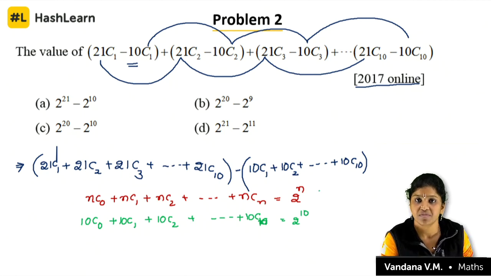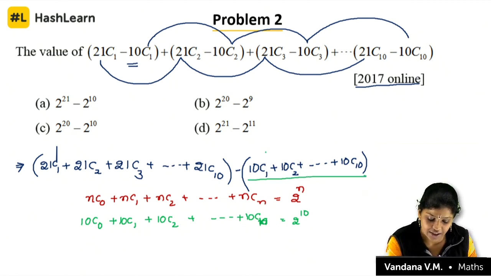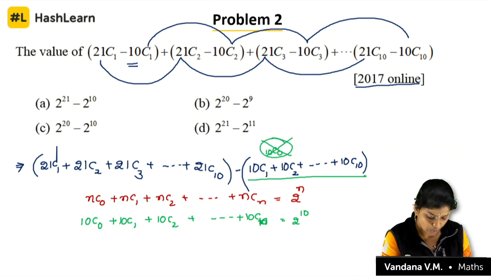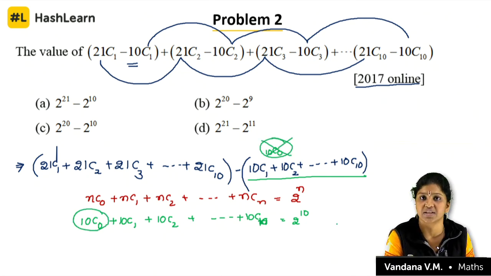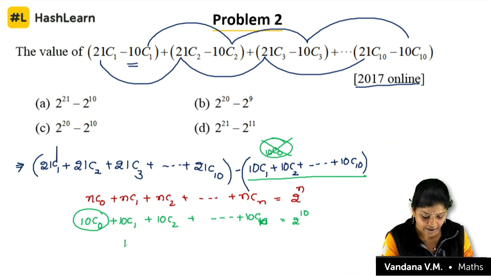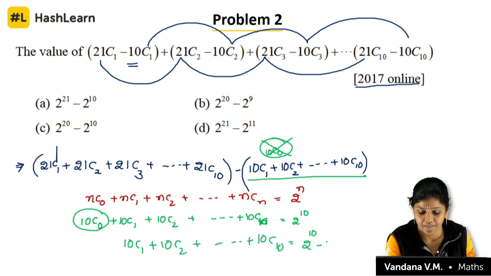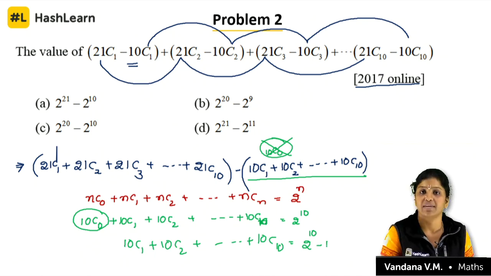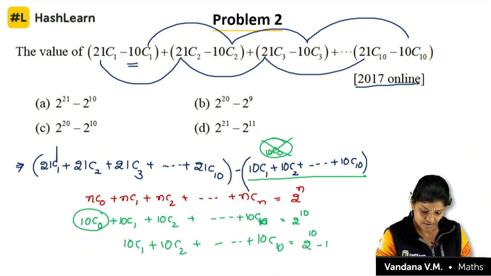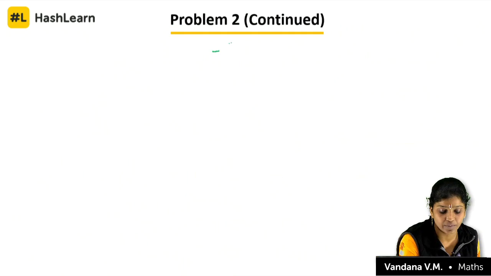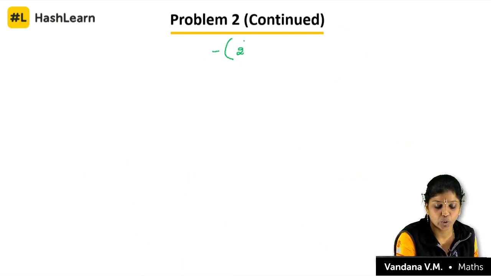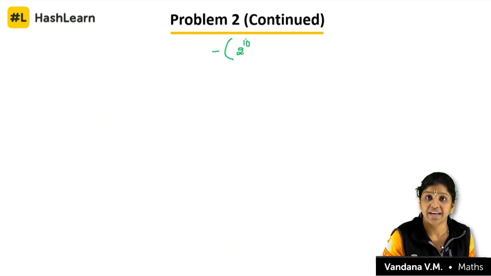But children, you observe here 10C0 is not there. So, please send this 10C0 to the other side. What I will get? 10C1 plus 10C2 and so on 10C10 can be written as 2 power 10 minus 1. Now, you write that over there. So, the second term becomes 2 power 10 minus 1.